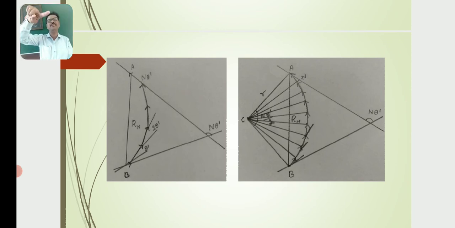Their resultant can be represented by the closing side taken in the opposite direction, according to the polygon law of addition of vectors.